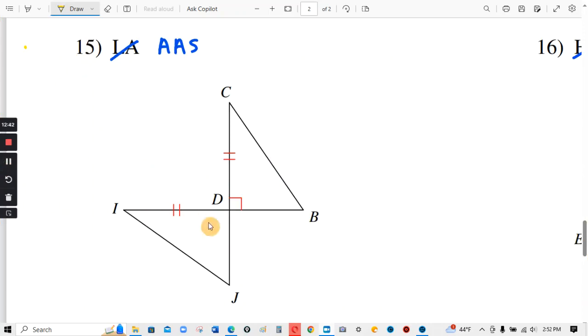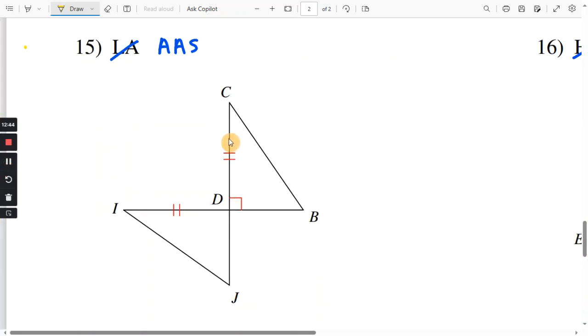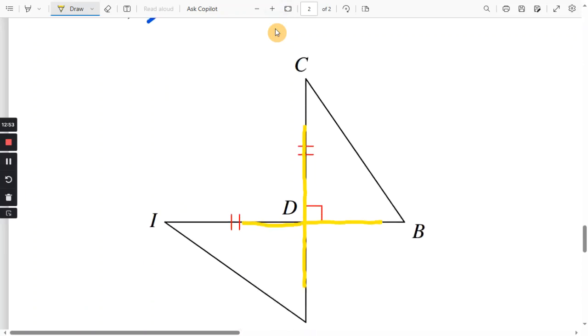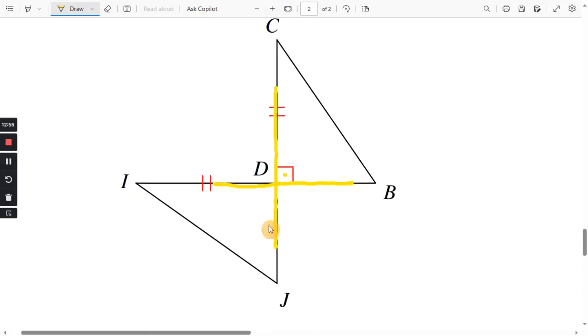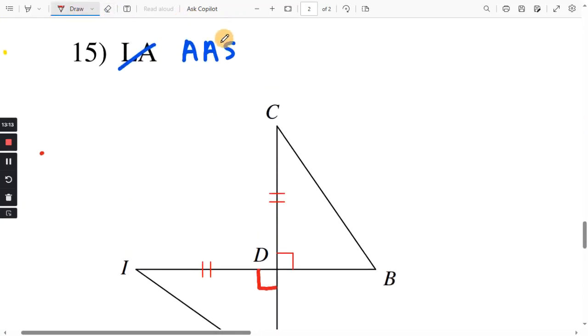All right, number 15, we see the X shape right here and right here. If this one is a right angle, this one is also going to be a right angle, so I want to mark that as a right angle. Now they want us to use angle, angle, side.